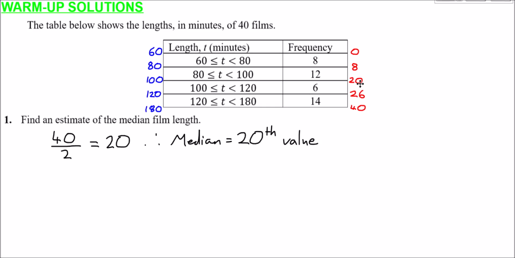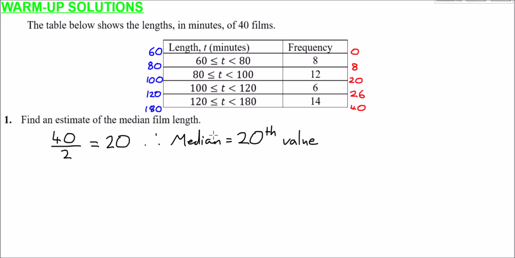And so we could argue here that the median will be immediately where this next interval begins. So it's not even the 21st, it's not the first one in this boundary, it's going to be the 0th one. Or, looking differently, you could see it as the median is going to be the very last one in this boundary from 80 to 100. So the median is going to be right at the end of this interval, because the 20th value is going to be the 12th one in the class interval from 80 to 100.